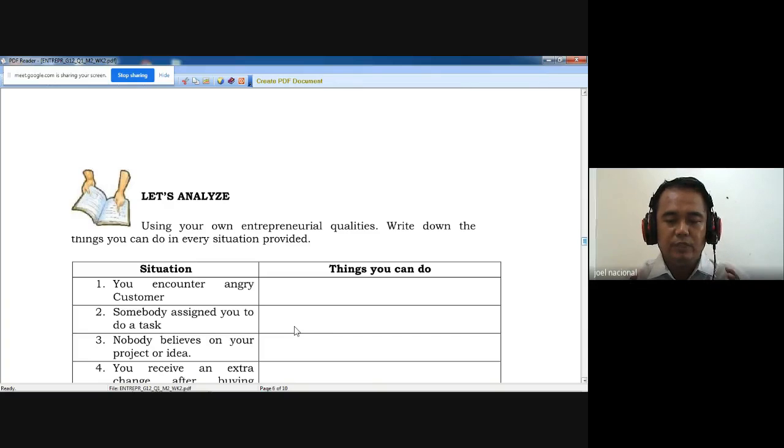So the same thing: you can take a photo, write it in a notebook, write your name, put let's analyze, take a photo, and that will be your answer. You can send it to Google Classroom, and of course, it is much better if you can do it in Google Classroom. But if not, you can send it to my personal messenger.